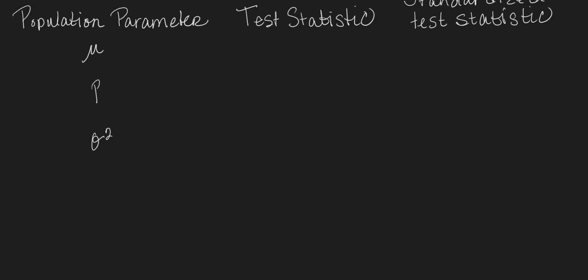So if what we're working with, our population parameter, is mu or a proportion or sigma, our standard deviation, then for our test statistics, for mu we can use x bar, for p we'll use p hat, for the standard deviation we can use the little s squared, right?